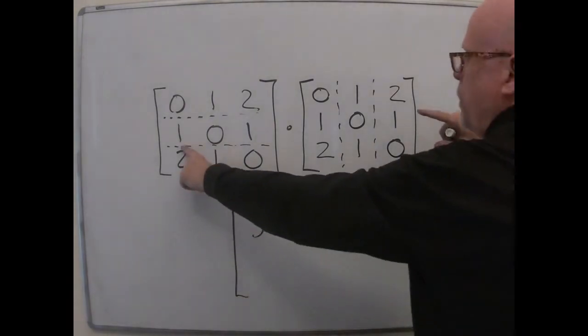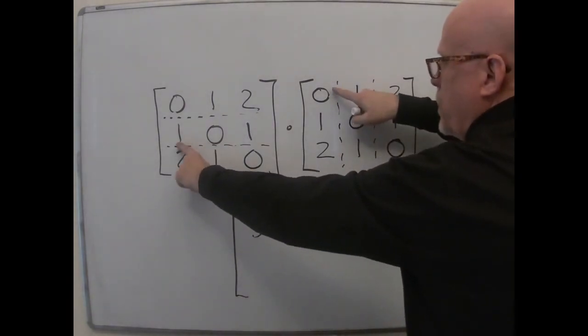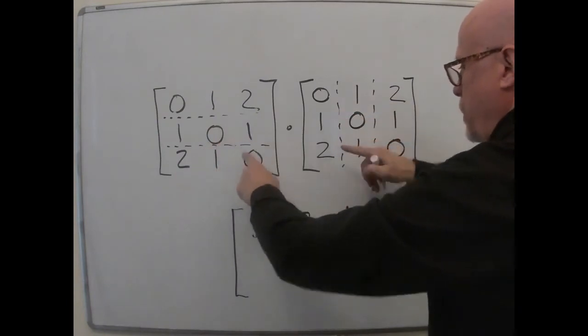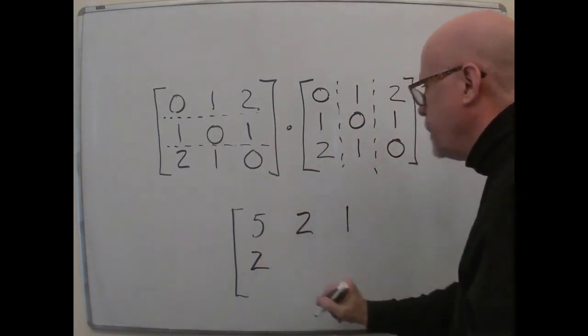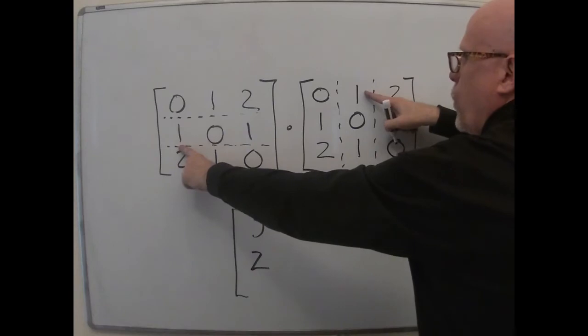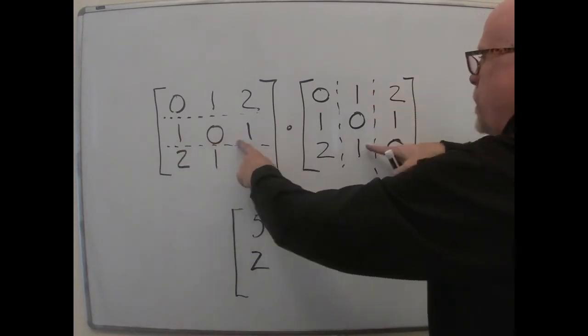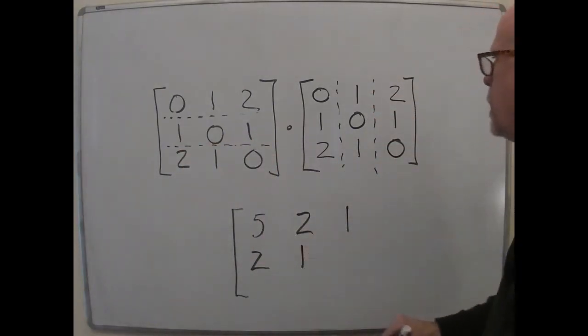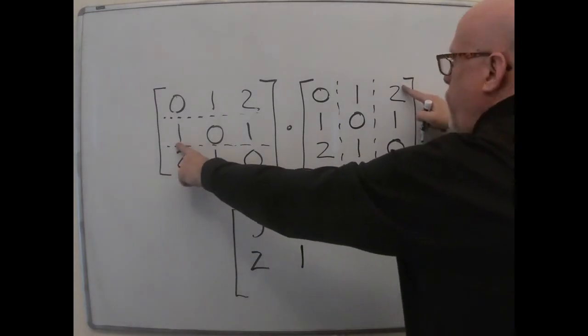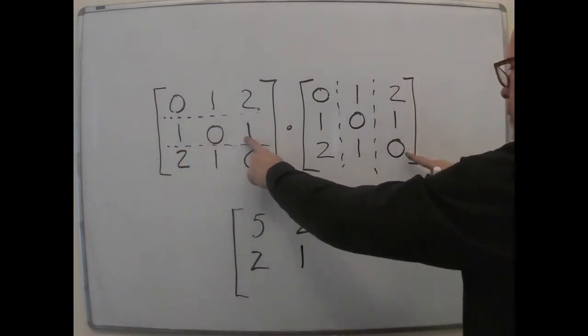All right, row 2 with the columns: that's 0 plus 0 plus 2. 1 plus 0 plus 1. 2 plus 0 plus 0.